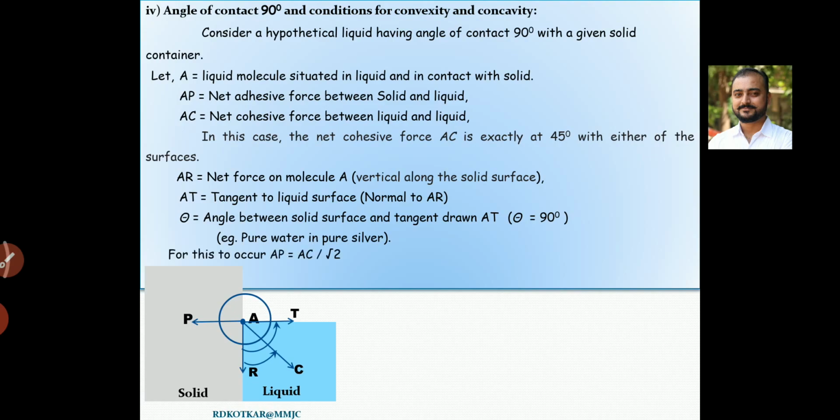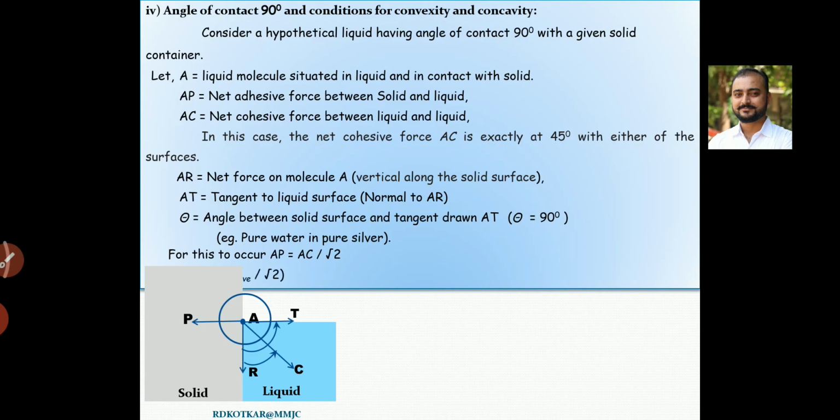So in this case, the relation between the cohesive force and adhesive force in this condition should be AP equals AC divided by root 2. What you observe here, the force AP represents the adhesive force between the solid and liquid, and AC represents the cohesive force.